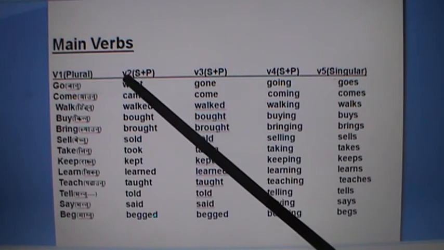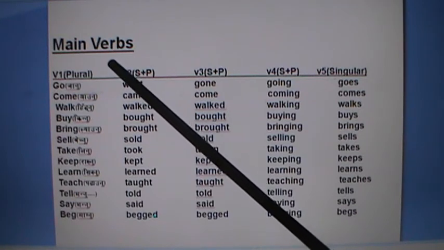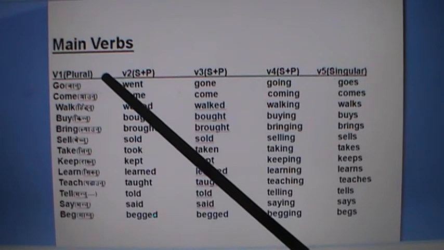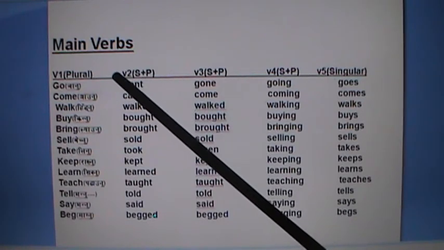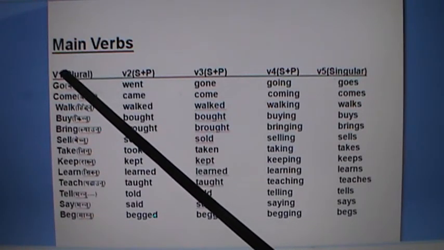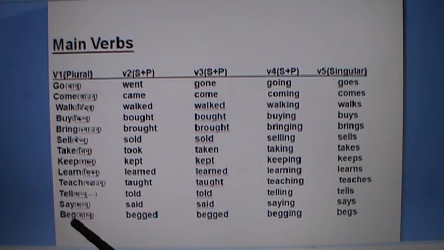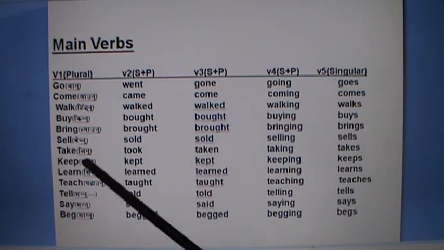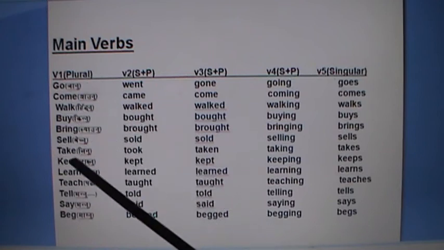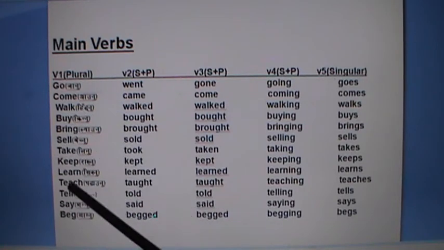And the next very prominent factor is that we must know the singular and plural system of main verbs. All the verb 1 forms are plural. Don't be confused here. Some students are confused and say they are singular.